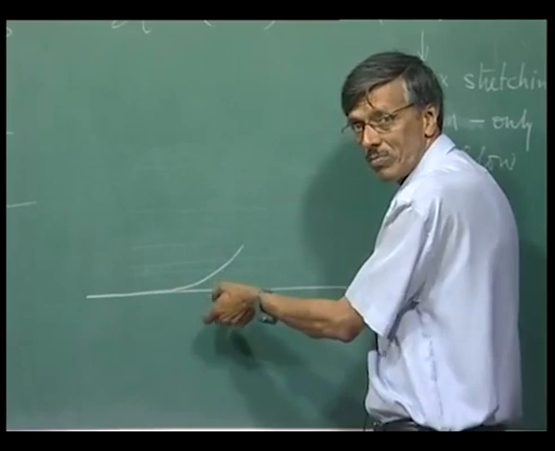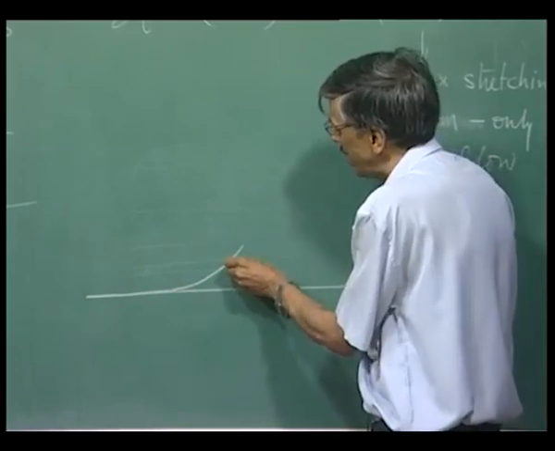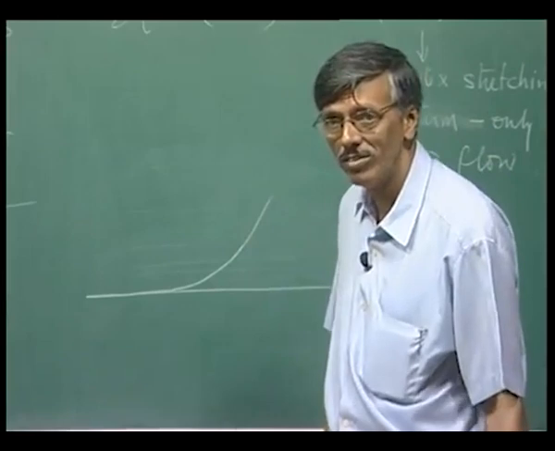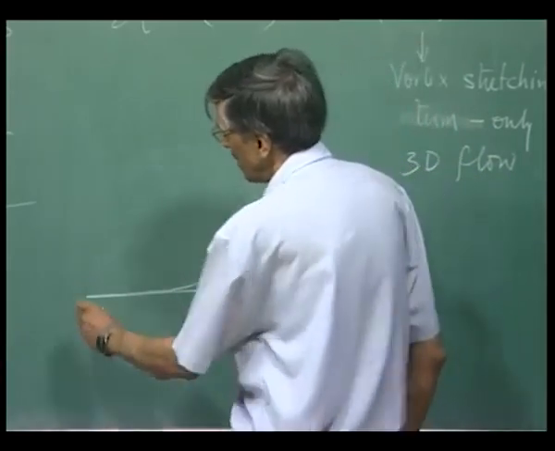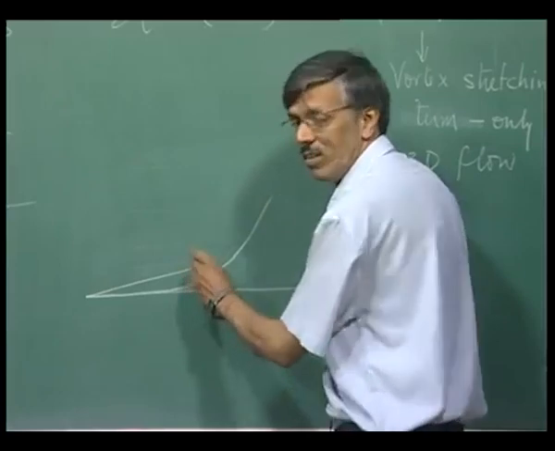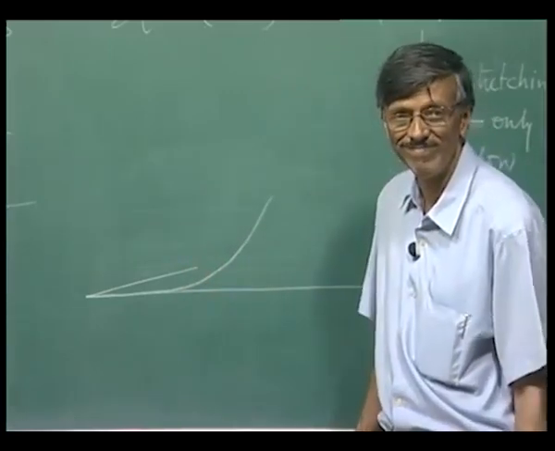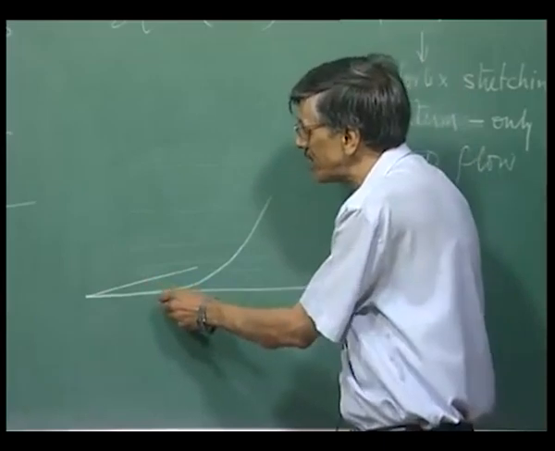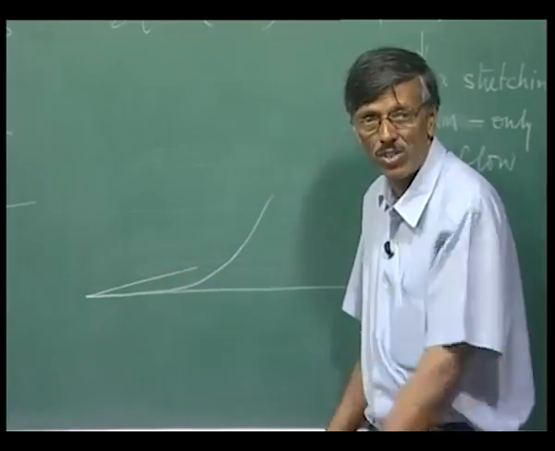Once it picks up some threshold amplitude, then it grows like this. Whereas, if you have an algebraic growth, then it could just simply go like this. Say suppose it is like a linear growth. I am not even talking about quadratic or anything. That could be significantly faster than exponential growth.